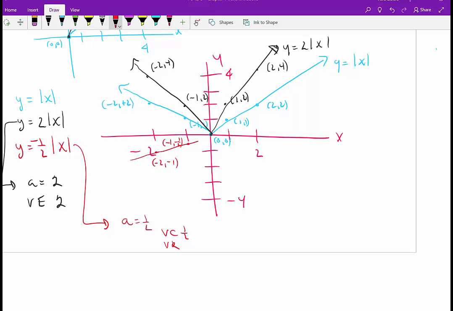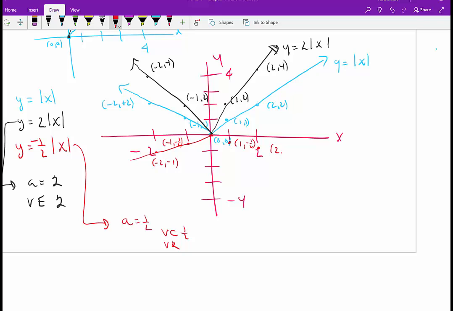And 0, 0 does not change because 0 times -1/2 is 0. And then 1, 1. The y-coordinate is 1. 1 times a half is a half, reflected over the x-axis, so I'm at 1 and -1/2. And then the far right point, 2, 2, 2 times a half, and then reflected over the x-axis, becomes -1.